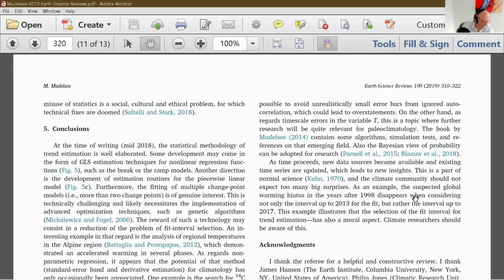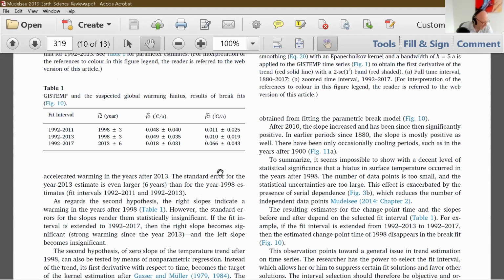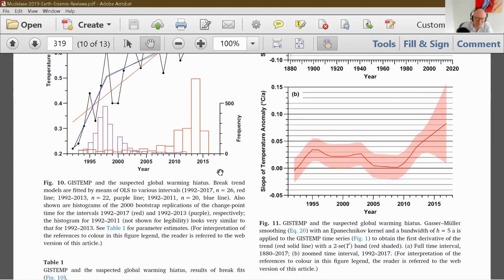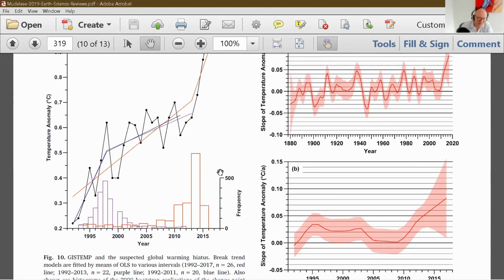Okay, and then I also warned the readers. Maybe this is a good way to stop. You have some power as a researcher if you present statistical analysis. Namely, you can select the fit interval over which to present results.